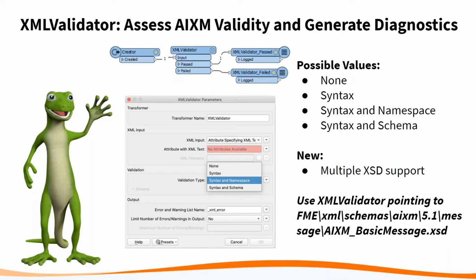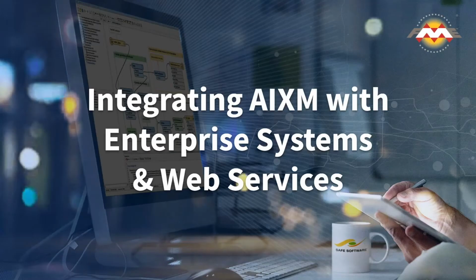Normally we prefer you select the extension XSD and it would import, let's say, basic message as a parent, but we can handle different XSDs that may or may not include each other, so long as they're compatible. And you can, of course, validate either syntax or schema and namespaces.